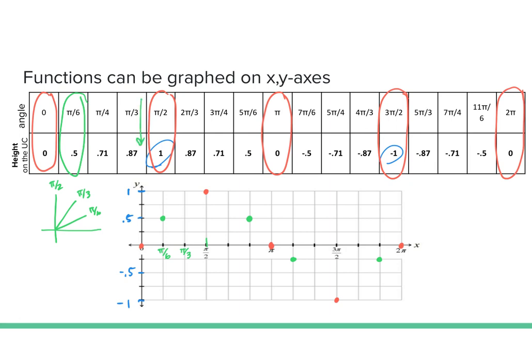0.87. Let's see. This is 0.5. That makes this 0.75. So we have to go a little bit higher yet. Approximately there. And now notice I'm not even looking at whatever angle this is. I'm just using the reflection, and I know that that's where the next point is going to go. Same thing over here and here to the left and right of 3 pi over 2.